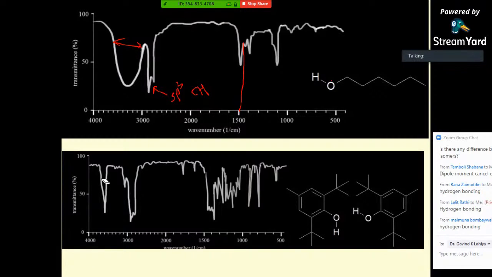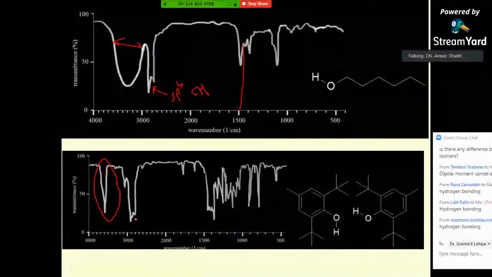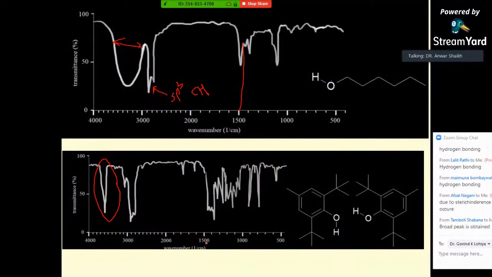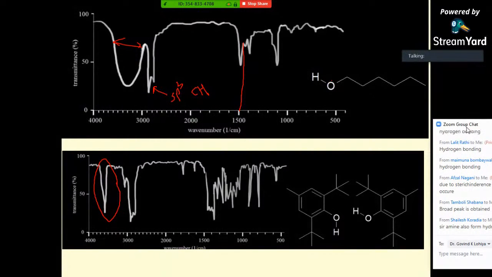In this case, the OH peak is appearing as a sharper one, not as a broader one. So what may be the reason? Why in the lower case is the peak appearing as a sharper one? Can anybody answer?